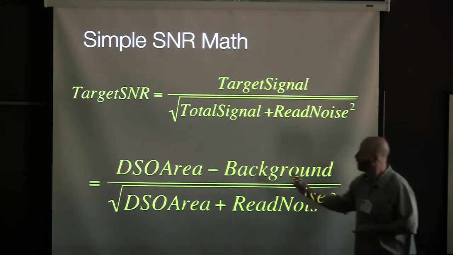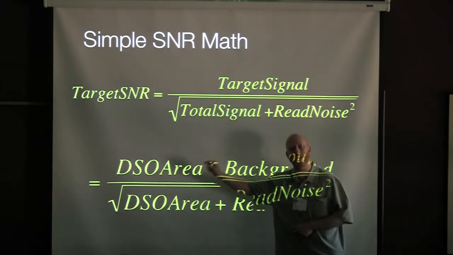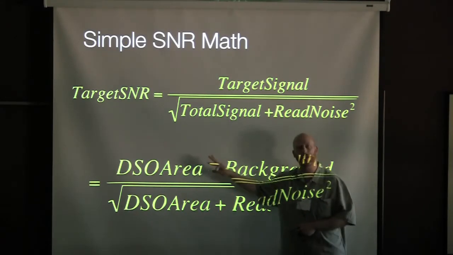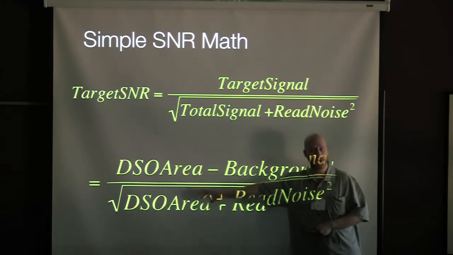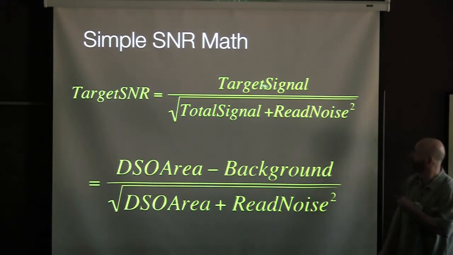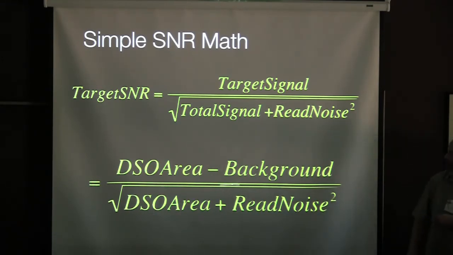If you want to sample an image of yours and calculate the signal to noise, you can say things like, how bright is it in the DSO minus how bright is some background. That is my target signal. And then over the, here, this is going to give you the shot noise and the read noise there. All you need to do is flip those two terms.